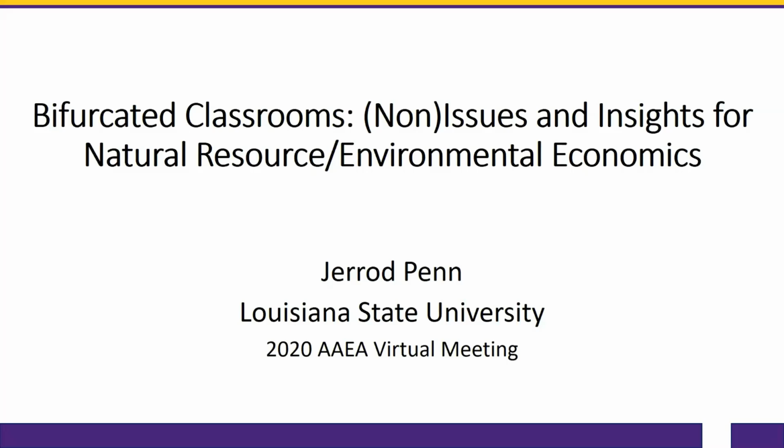And so the topic for this presentation is bifurcated classrooms. I slightly modified the title based on having talked with folks to non-issues and insights for natural resource and environmental econ classes.